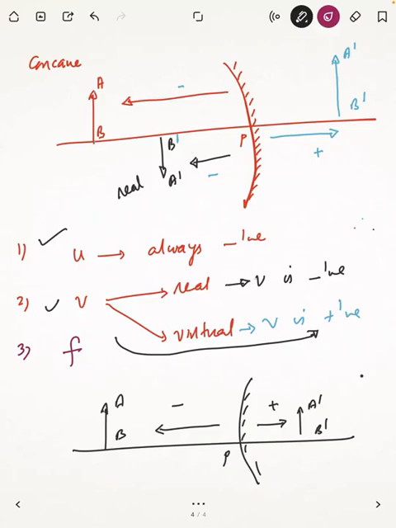Object is on left side, the principal focus will be here. It's a point on the principal axis, on the left side. So distance measured from P to F is toward the left side. It is taken as negative. So F is negative if it is a concave mirror.